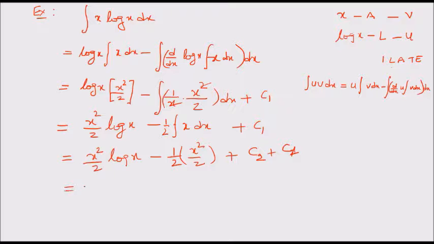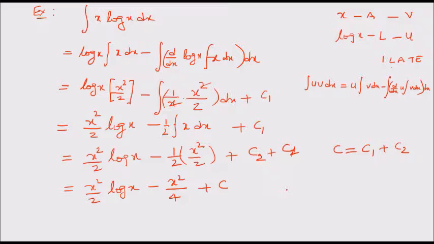So final step, x square by 2 log x minus x square by 4 plus c, where c is equal to c1 plus c2. Hope you understood this example, right?